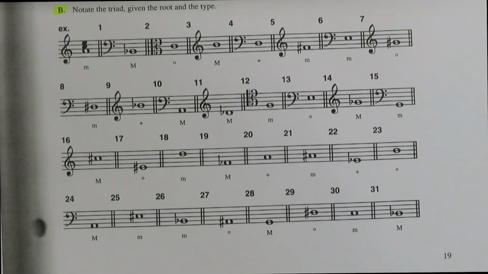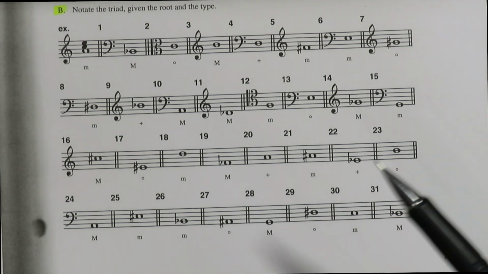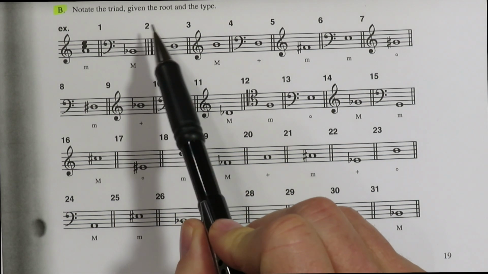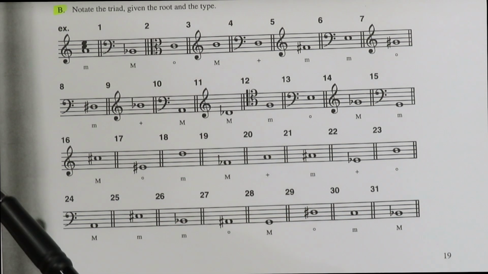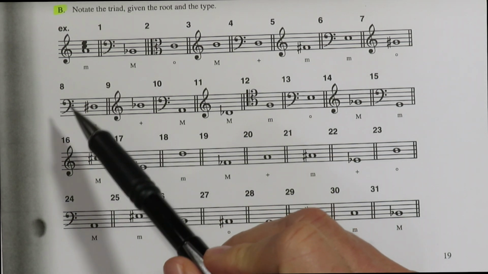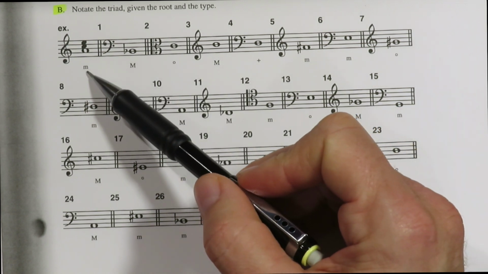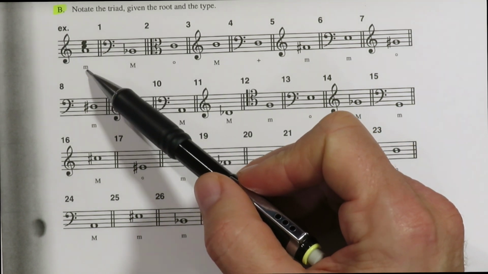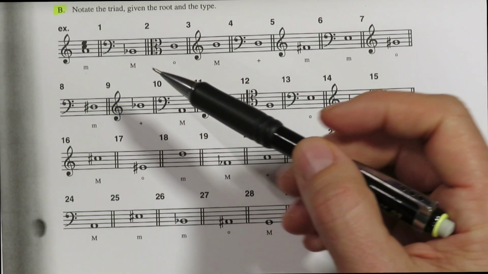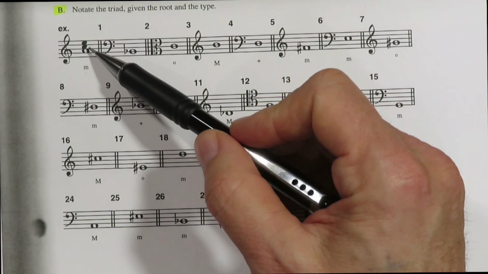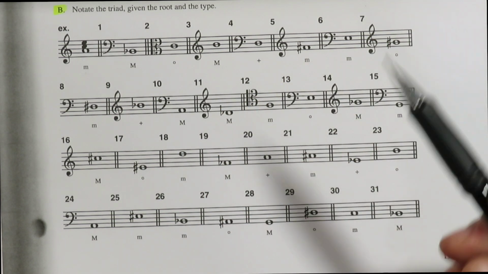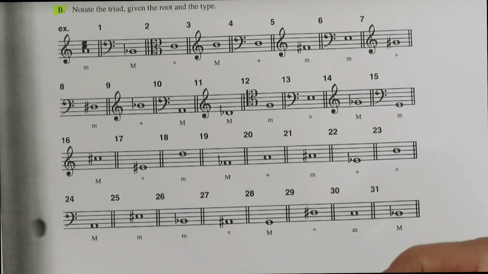Okay, so here we are in part B, and we're to notate the triad given the root and the type. So in the example, we're given the root A, and it's a lowercase m, so that's going to be a minor triad. So that would be A, C, and E. Okay?